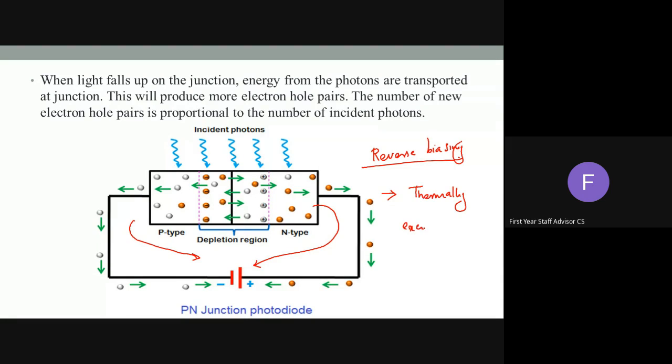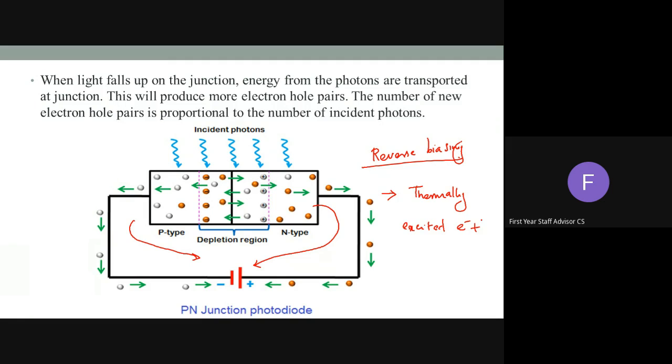Normally these photodetectors or photodiodes work at room temperature, that means at least 300 Kelvin. And we know 300 Kelvin is a high temperature according to materials.